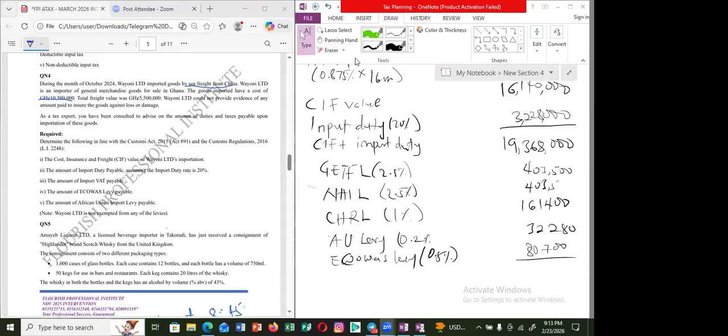CIF plus. So the idea is this. You see, it follows the approach of the normal VAT approach. When you're dealing with something like communication service tax, let's talk about a little VAT before I even continue.